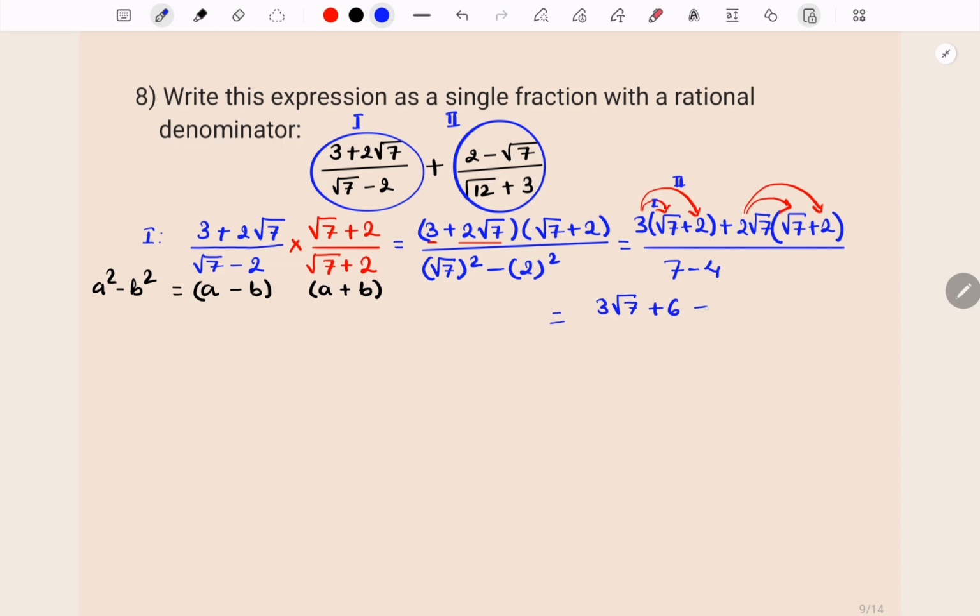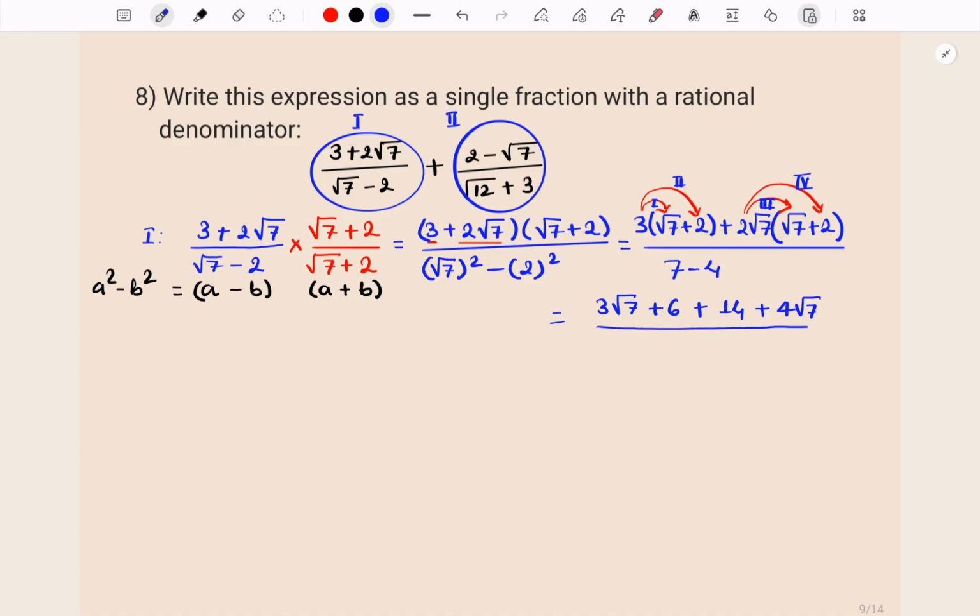Now 2 root 7 into root 7: root 7 times root 7 is 7, and 7 times 2 is 14. So that is the third multiplication. And let's multiply 2 root 7 with 2. So 2 root 7 multiplied by 2 is 4 root 7, which is the answer of the fourth multiplication. So we have already simplified the numerator.